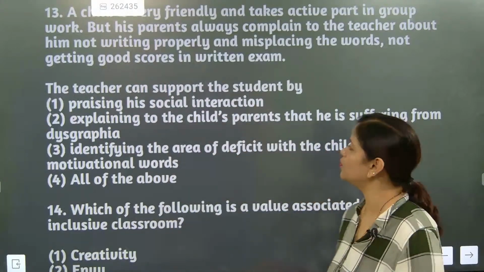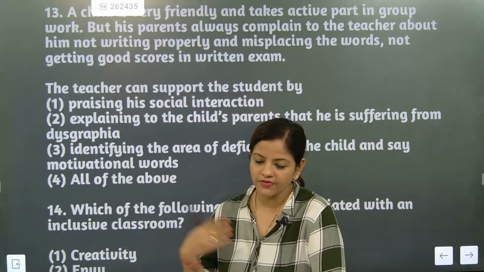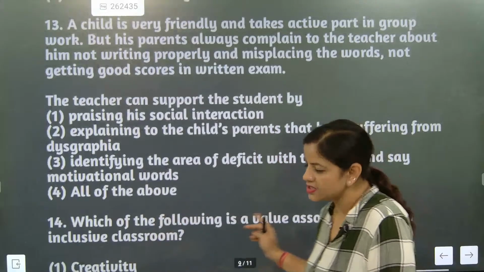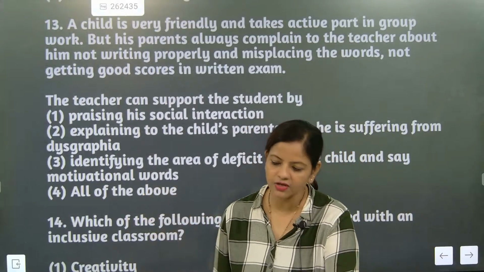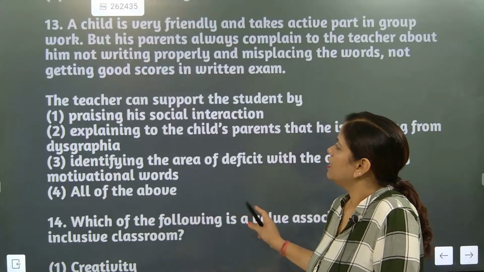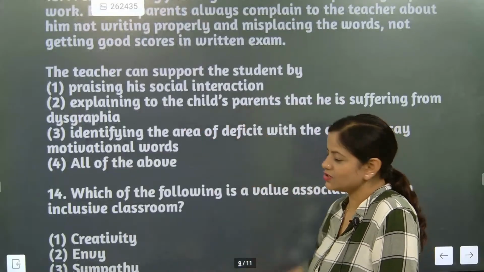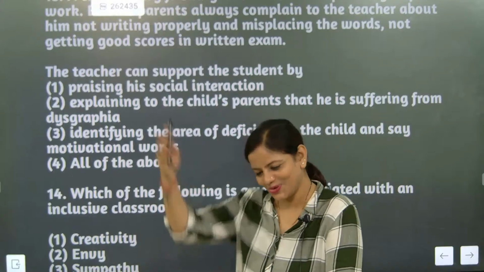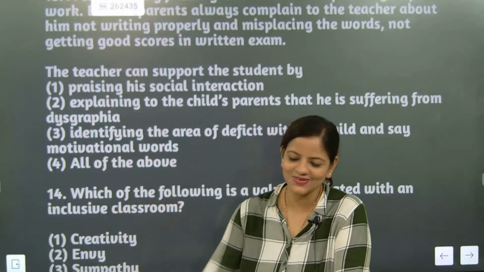How can the teacher support the student? The parent is telling me my son is very good in speaking, in group activities he is doing well, but individually he is not getting good scores. What should I do? Praising his social interactions. Oh, I'll tell the student you are very good in group, so stay in group, don't come individually.